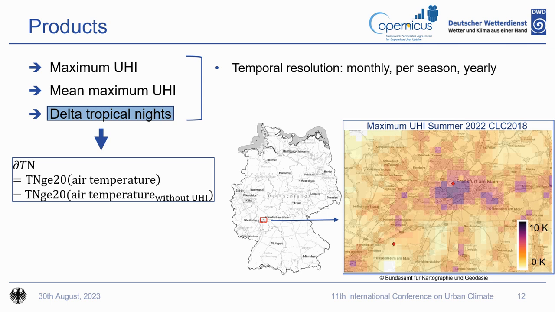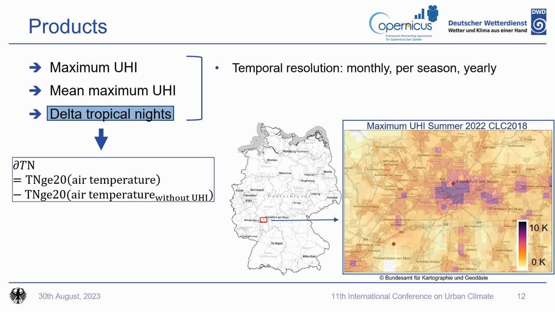For this online service, we don't want to put the hourly data online because it is a lot of data for this whole time frame and for 5 different land cover layers for now. It will be downloadable otherwise, not here. So for this online service, we put online 3 products: the maximum huge I, the mean maximum huge I, which will be available on a monthly, per season and per year basis for the whole time frame.